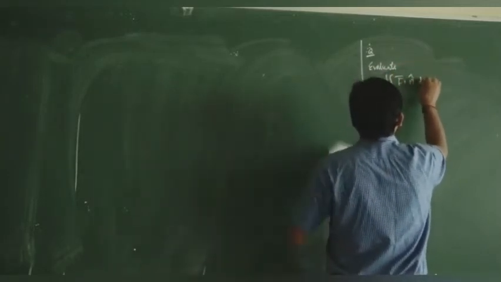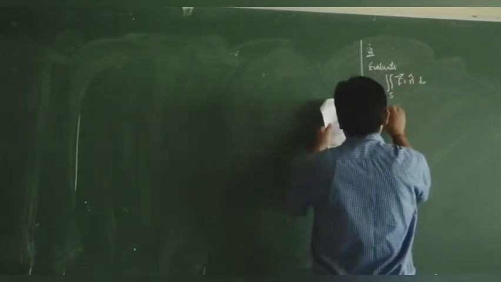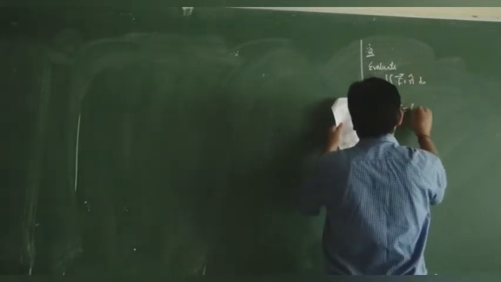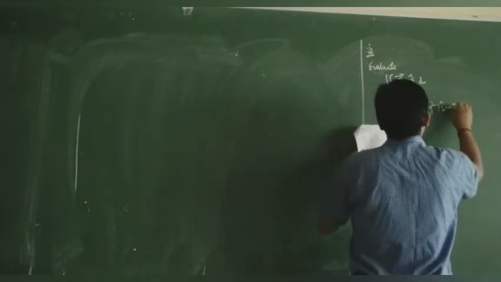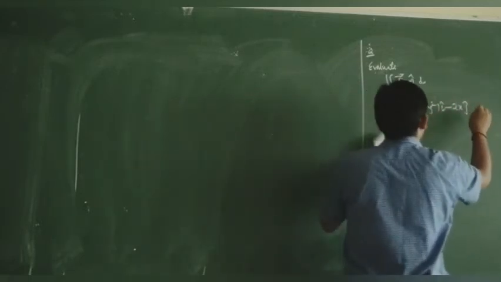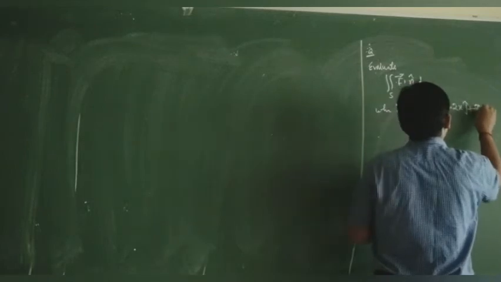Our next question is to evaluate the double integral where our F is (x plus y square) i minus 2x j plus 2yz k.